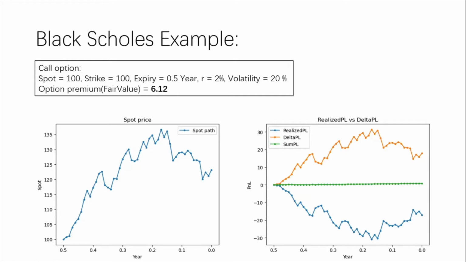In reality, when the bank sold the product to clients, they will charge a little bit higher than the fair value. So what you will see in reality is all these P&L curves will be shifted up a little bit by this extra charge. That is the overall P&L the bank made for this specific position.